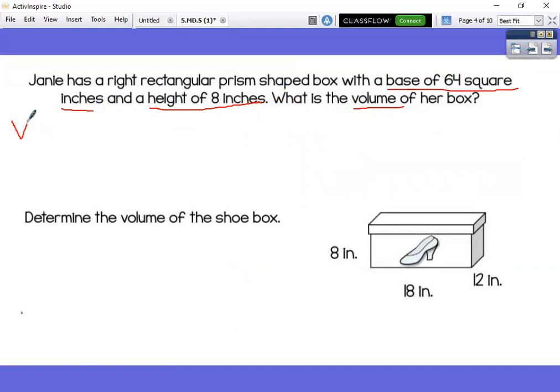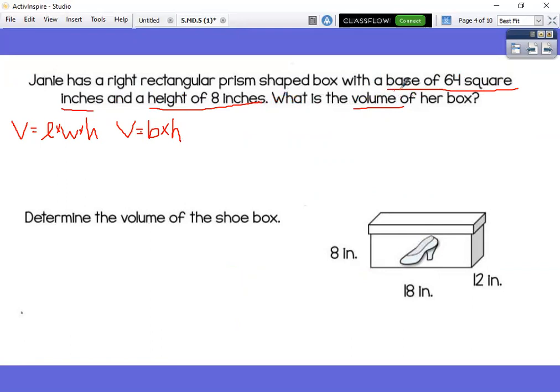Well, we just learned two volume formulas. We know volume equals length times width times height. And we know that volume equals area of the base times height. So which of these two formulas would be best to use for this problem? Let's go back and look at the information we underlined.